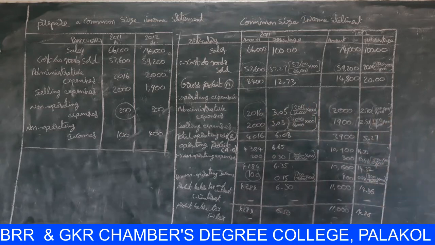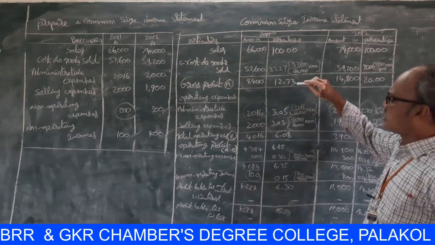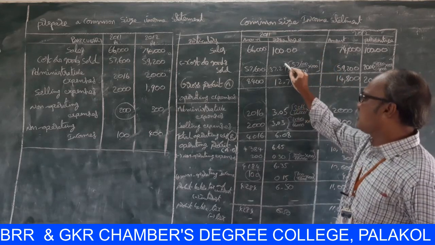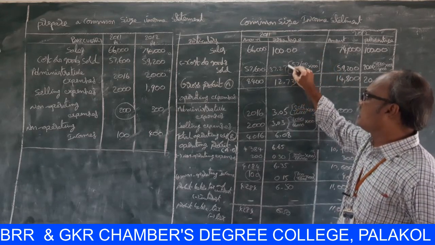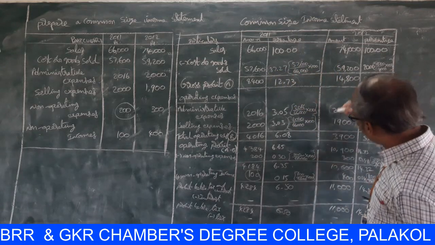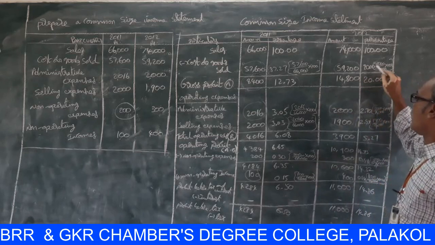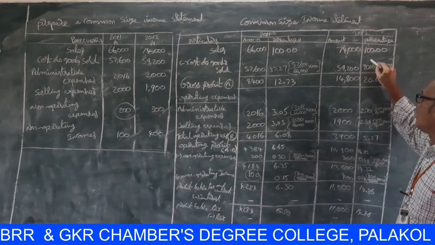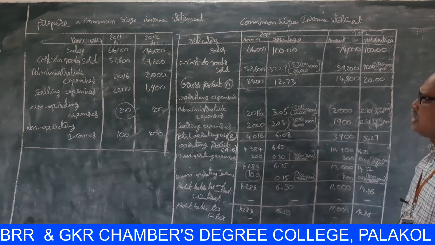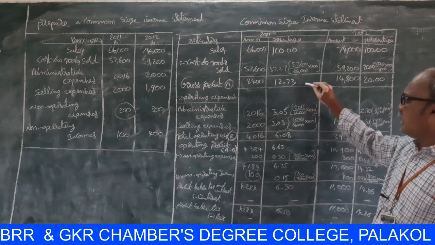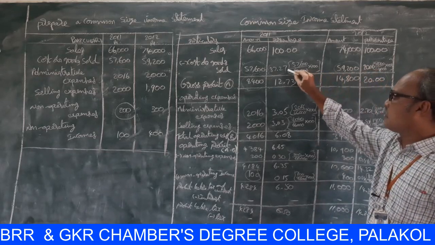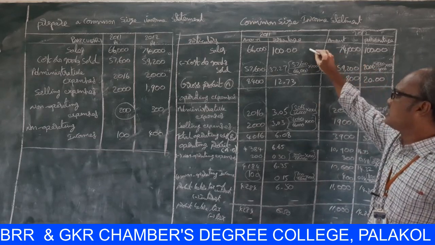Okay, look at the situation. In the year 2011, the cost of goods sold percentage is lower than the sales. In the year 2012 also, the percentage of cost of goods sold is lower than the sales. So in both years the cost of goods sold percentage is lower than the sales.